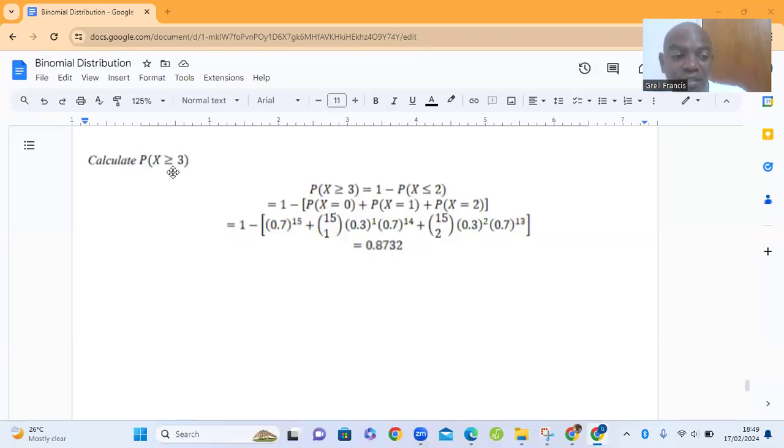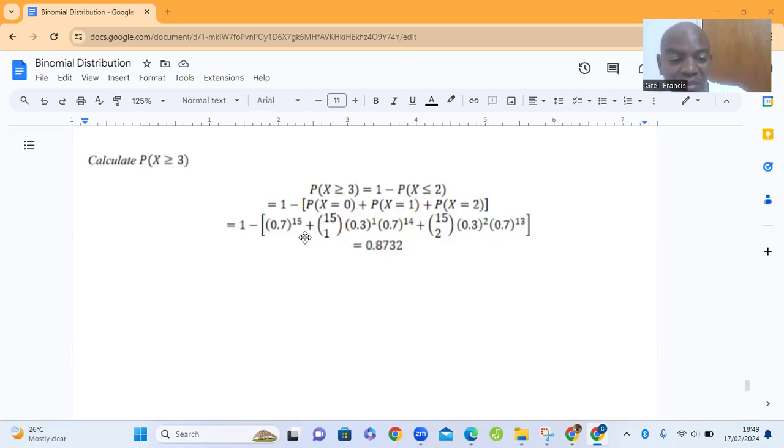As we said, the probability that X is more than or equal to 3, that's the symbol for at least 3, will be 1 minus P of X less than or equal to 2, or P of X less than 3. Less than 3 is the same as less than or equal to 2, which is 2, 1, and 0.